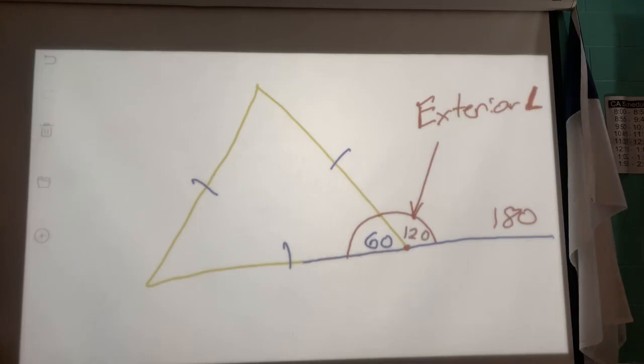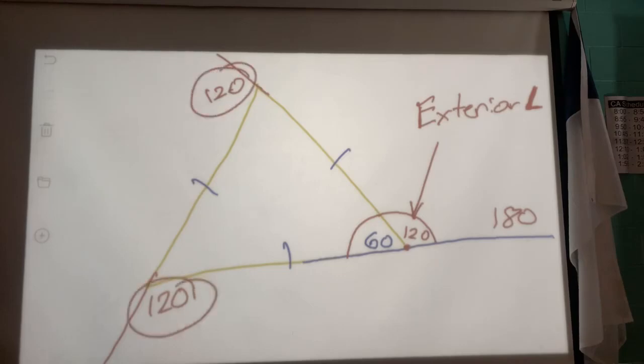But we're going to have 3 of those. If I extend up here, that one's going to be 120. And if I extend here, this one's going to be 120. And so if I add all 3 of these exterior angles, then the total of the exterior angles is going to be 360.